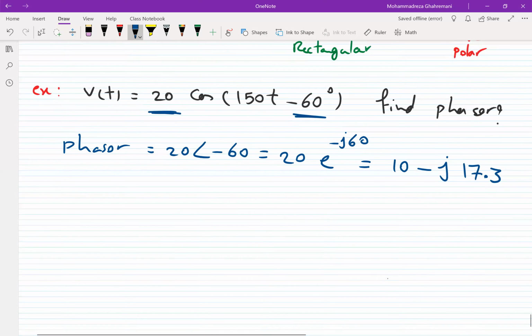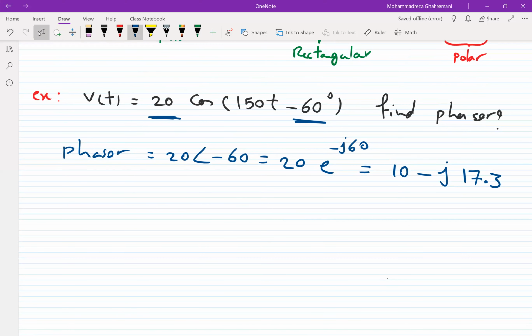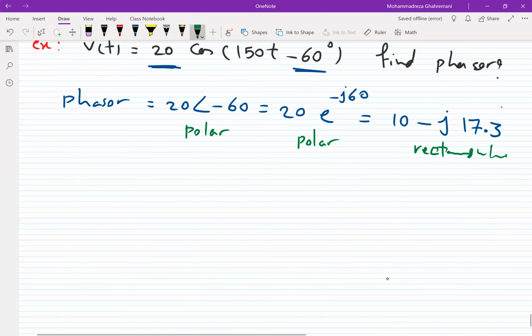17.3. Okay, let's see. First of all, we should know that this one is a polar representation, and this one is a rectangular. How did we find these values? It's easy.